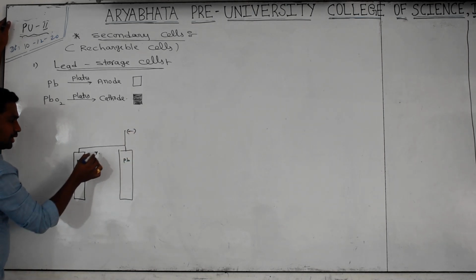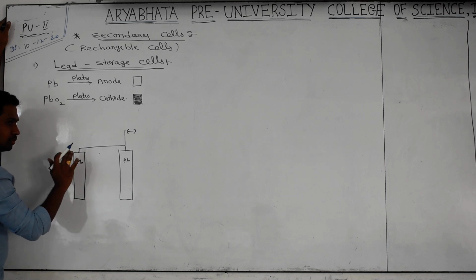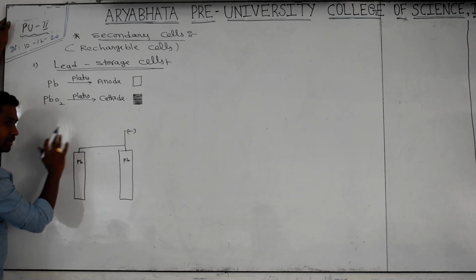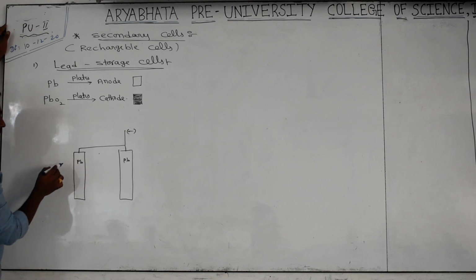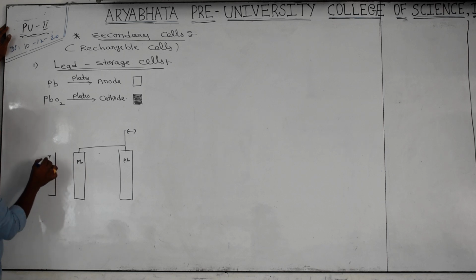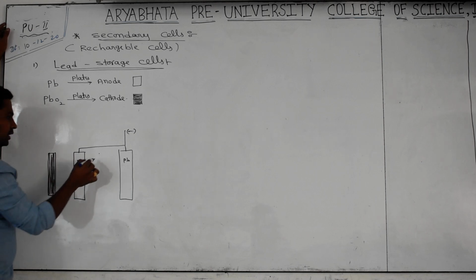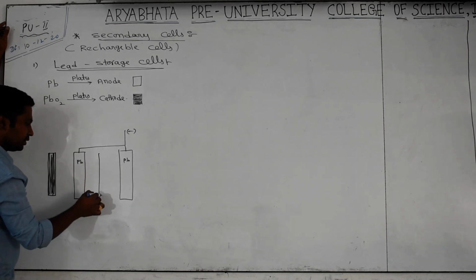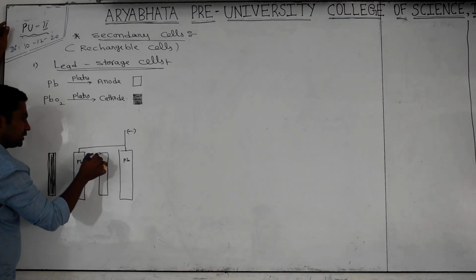After that, we have to place the anode and cathode plates alternately. One anode plate, one cathode plate like that. The anode plate is already kept. Now I am placing a cathode plate here. For easy understanding we have to darken the cathode plate. Like this we have to take. And here also I am placing one more cathode plate, which is indirectly the lead oxide plate.